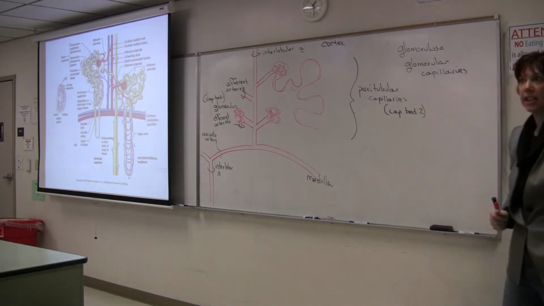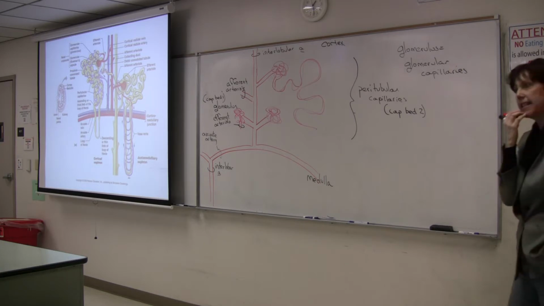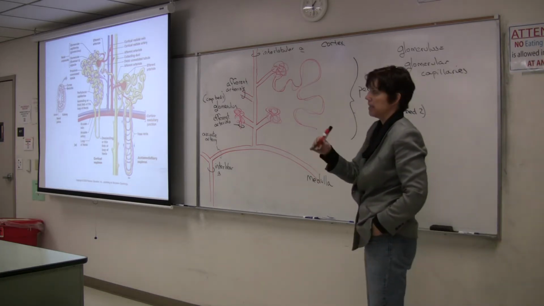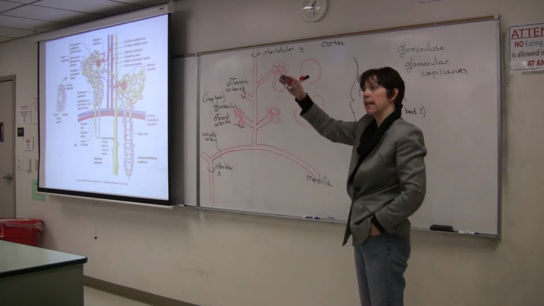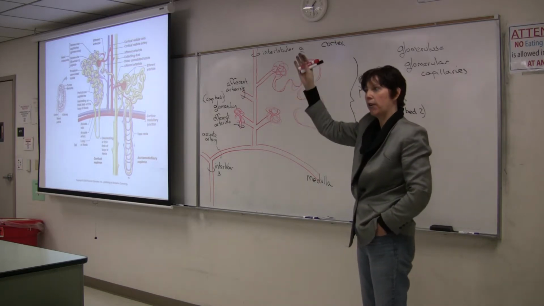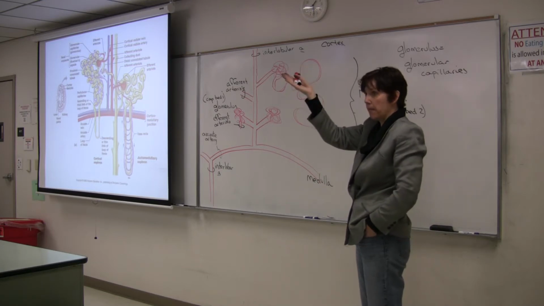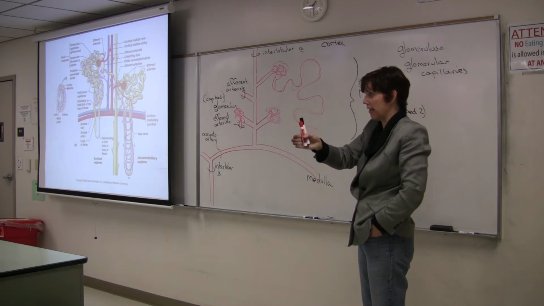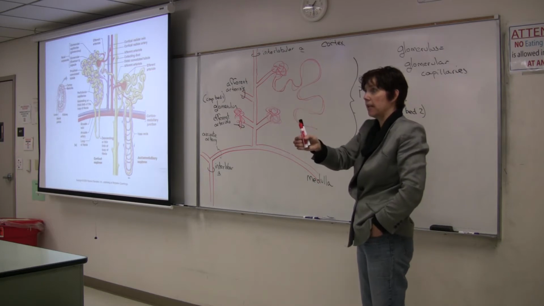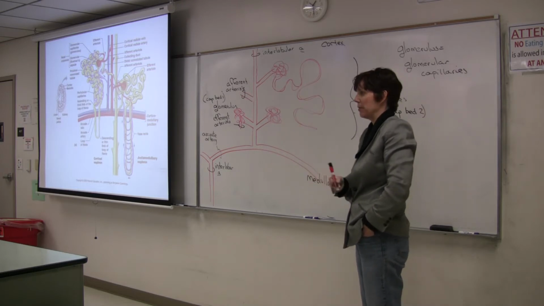Hypothalamic hypophyseal portal system. And in that system, in the hypothalamus and pituitary gland, we had arteries coming into the hypothalamus, forming cap bed 1, veins going from the hypothalamus down the pituitary stalk to the anterior pituitary, forming cap bed 2, and then veins leaving cap bed 2 and carrying the hormones away.